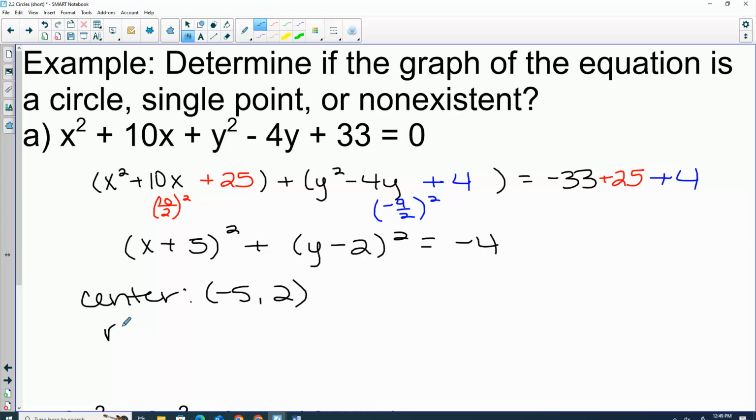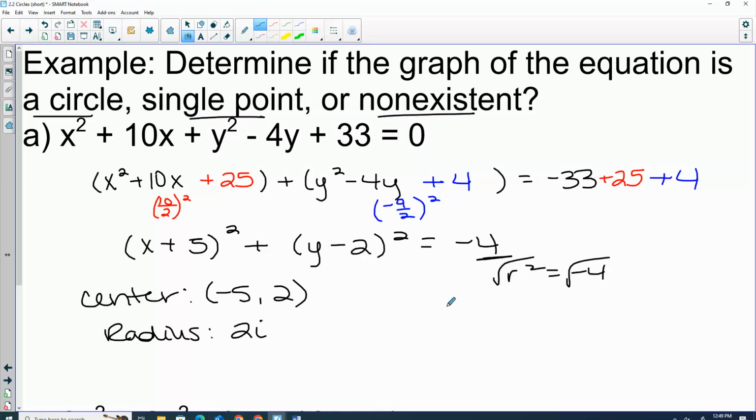Okay, but what would my radius be? Remember, this is r squared. So if I take the square root, what am I getting? 2i. Can we have an imaginary radius? No. So what do you think that tells me? Is this a circle, a point, or non-existent?